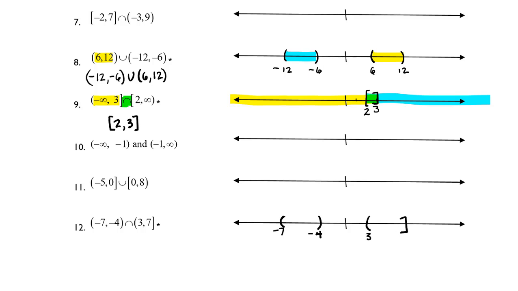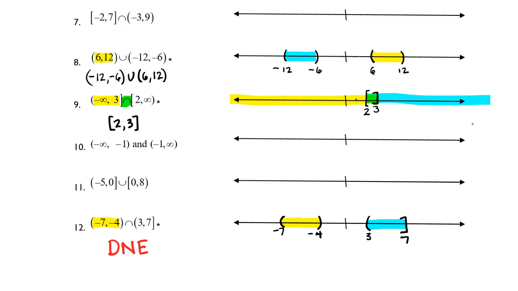So let's go ahead and highlight those. -7 to -4, intersection with 3 to 7. And notice that there is no overlap. There is no place where those two intervals have shared values. And so this does not exist.